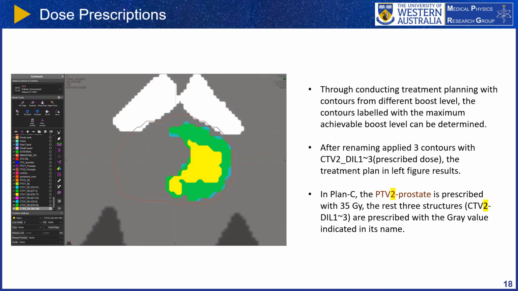Through conducting the treatment planning with the contours from the different boost levels, the contours labeled with the maximum achievable boost level can be determined, just like what happened in plan B. So after renaming the applied 3 structures as CTV2 DIL 1 to 3, the treatment plan in the left figure will result. In plan C, the PTV2 prostate is prescribed with 35 gray, and the rest 3 structures CTV2 DIL 1 to 3 are prescribed with a gray value indicated by its name.